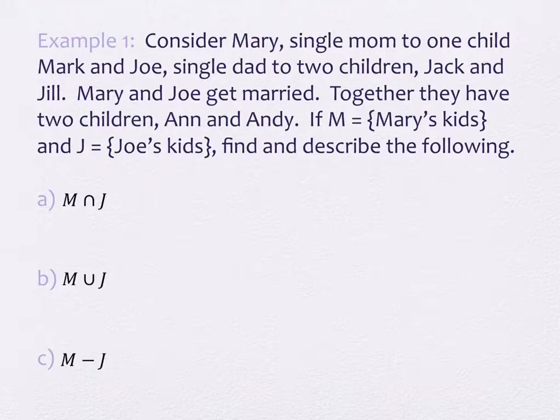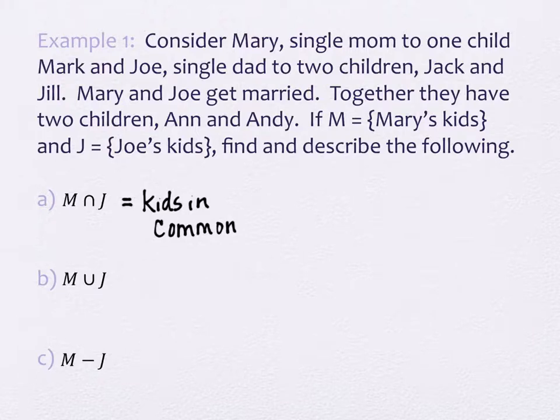If M is Mary's kids, J is Joe's kids, find and describe the following. So what does M intersect J mean? Kids they have together, the kids they share. So I'm going to say kids in common.